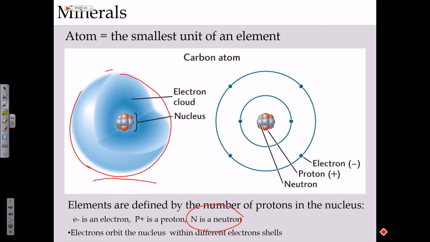And all atoms, like any solid material or structure, have a radius. Right? They have a size, and that size dictates where they'll fit into a mineral and how they're arranged in a mineral. And I'll talk a little bit more about that later. On the right, we see a slightly different model, and that model shows us electron shells or electron orbitals.